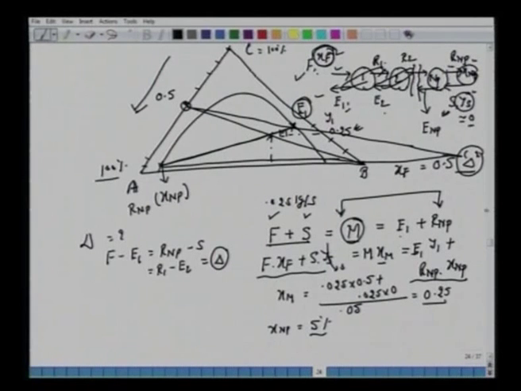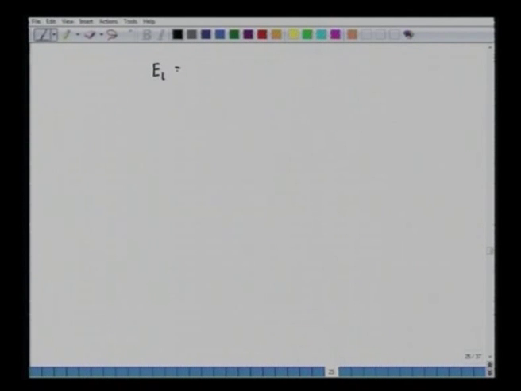All right, so in fact, based on these 4 locations, you should be able to obtain, when you get Y1 as 0.25, you should be able to obtain E1 as 0.037 kg per second.